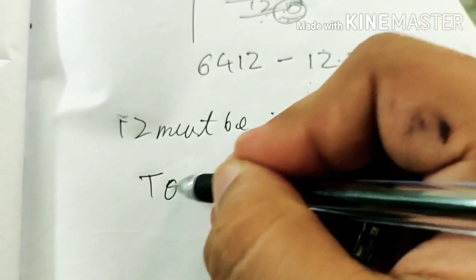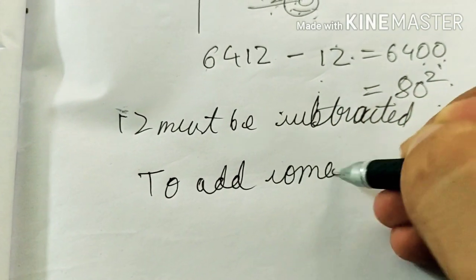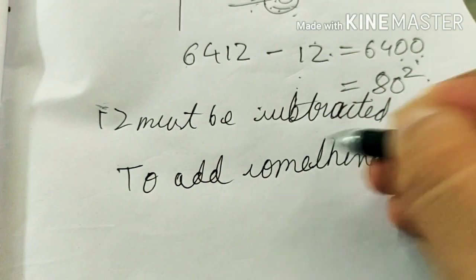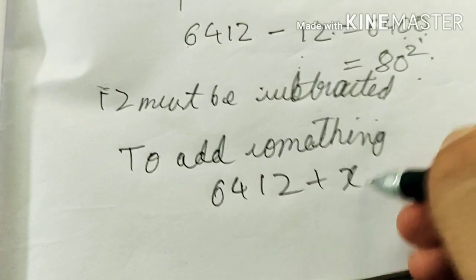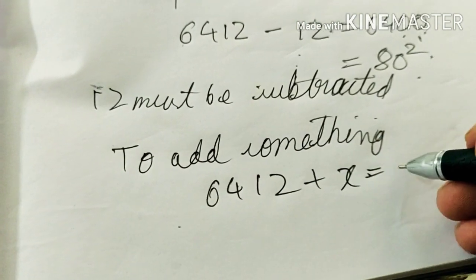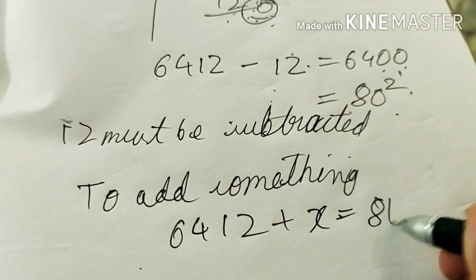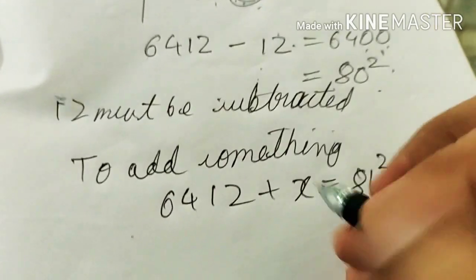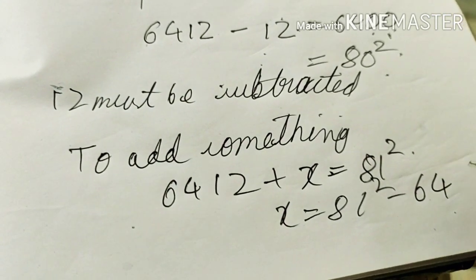So what we will do to add something, like we have to add x to 6412 to make it a square that comes just after this, means to make it 81. So x would be equal to 81 square minus 6412.